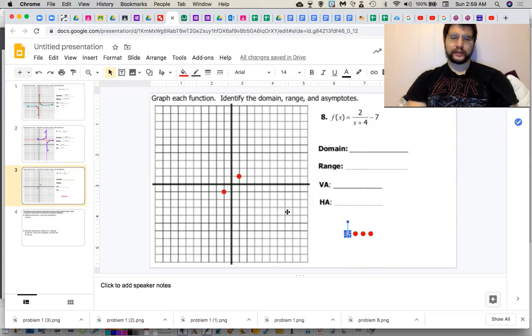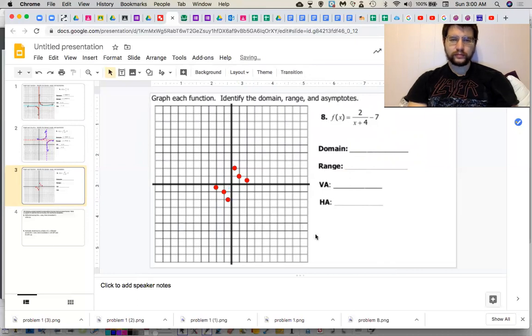So yeah, we need all 6 dots because of stretches. I doubt it's going to look much different for me because I'm terrible at drawing. Yeah, it looks pretty terrible.